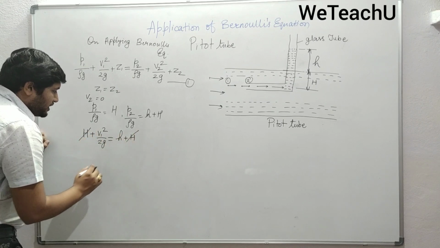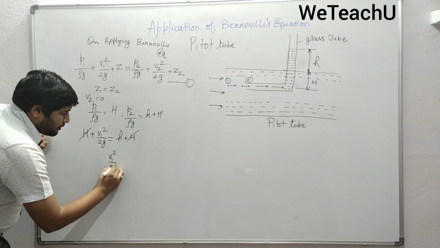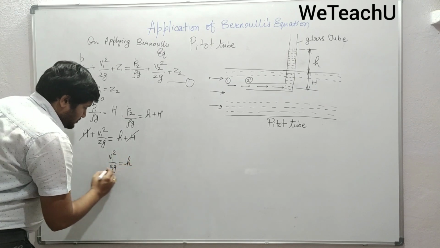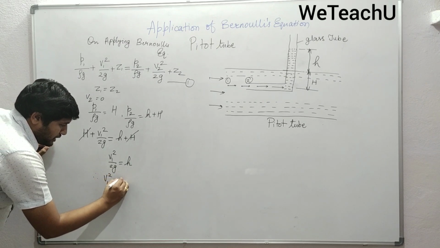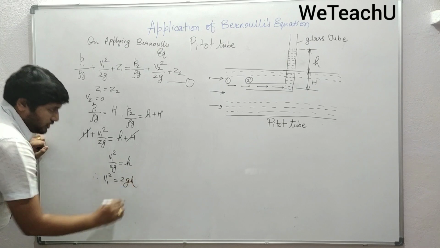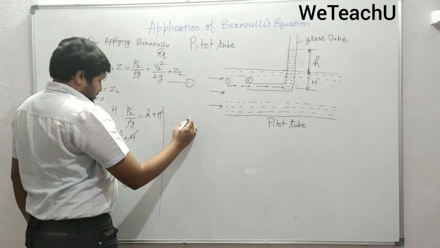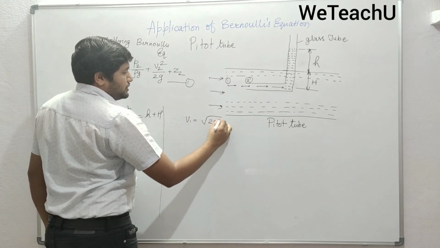Here cancellation of h, so V1 square upon 2g is equal to H. Therefore V1 square is equal to 2gH. Okay, now V1 is equal to under root 2gH.